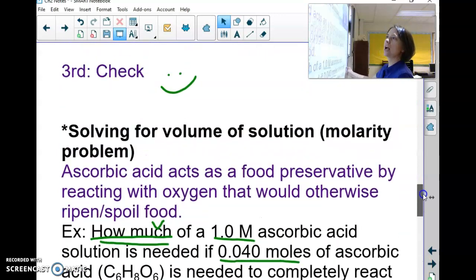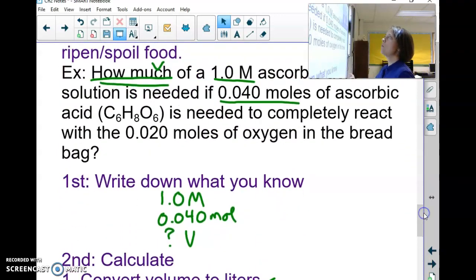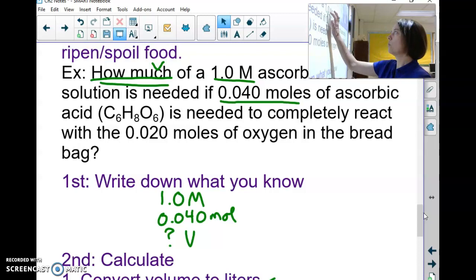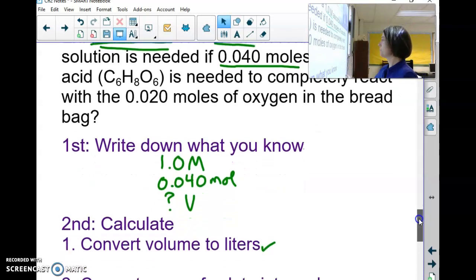So let's check it. How much of a 1 molar ascorbic acid solution is needed? Did we answer how much? Yes, 40 milliliters. And let's look at our significant figures and see if we got it right. 1.0 has 2 sig figs, and 0.040, the first two are placeholders, so that has 2 significant digits.